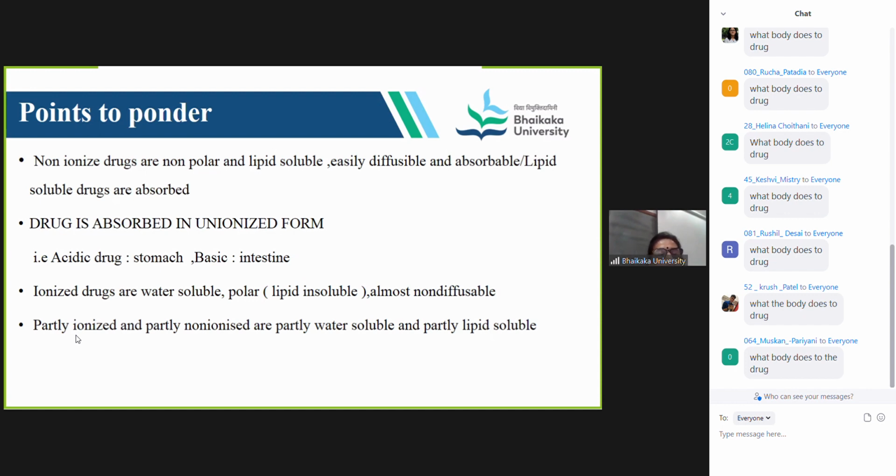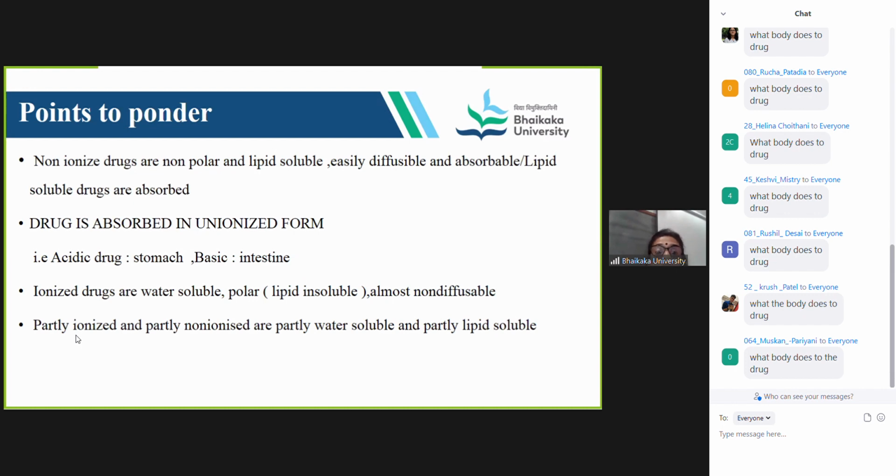So an acidic drug will be absorbed in the stomach, and similarly it applies to basic drugs. There are certain basic drugs, for example pethidine, one of the opioids. Just remember that basic drugs will be absorbed in the intestine. So the site of absorption is related to the unionized form.